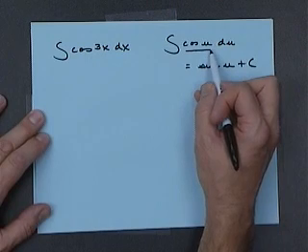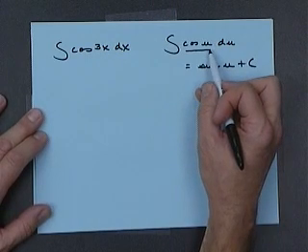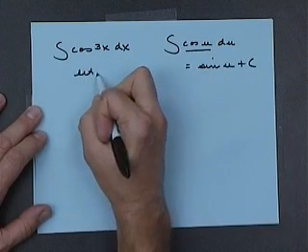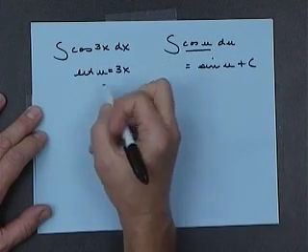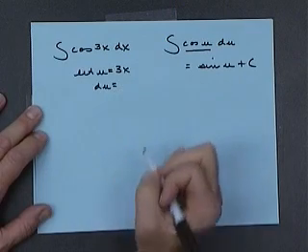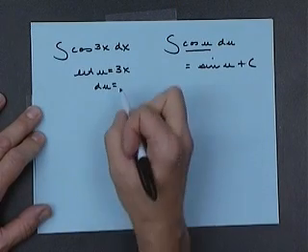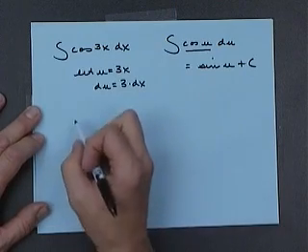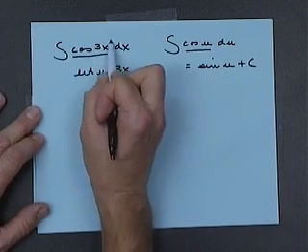So if this is where we're headed, then the obvious substitution is let u equal 3x. Derivative of u is 3 dx. So there's cosine of u.